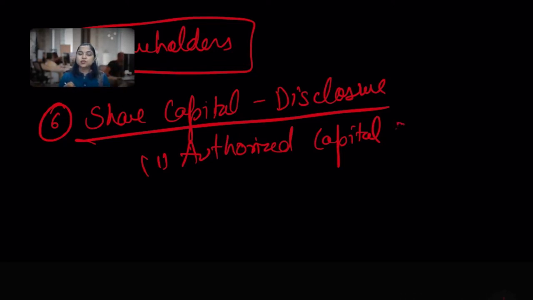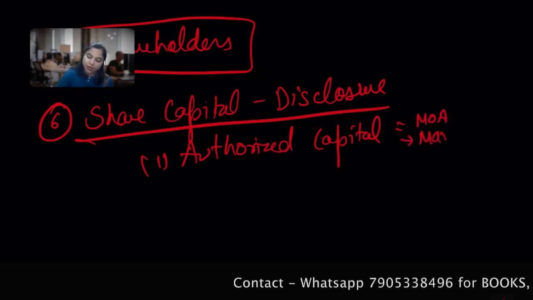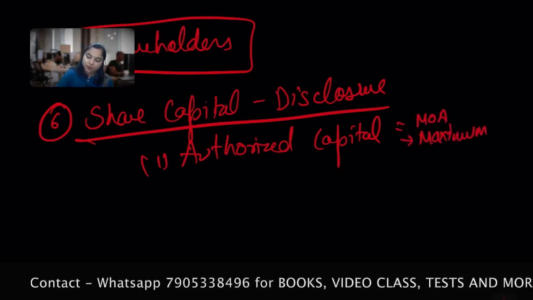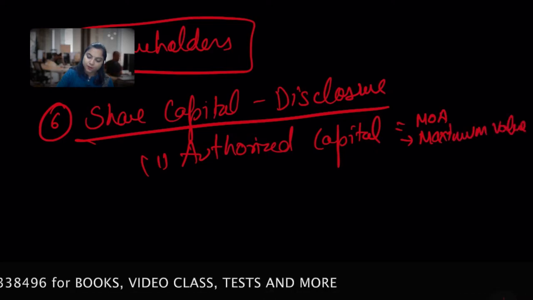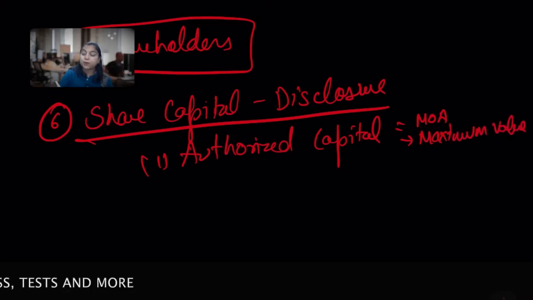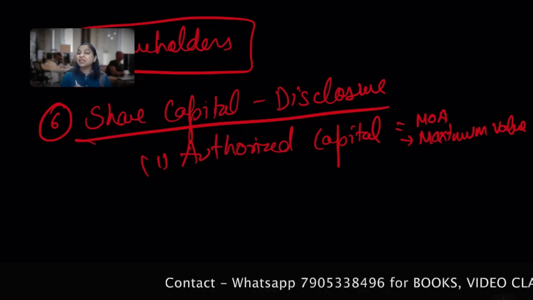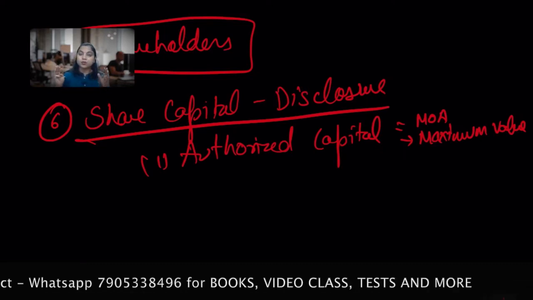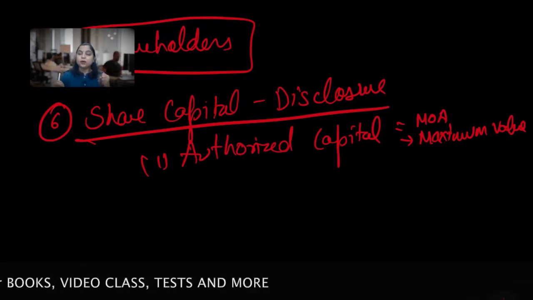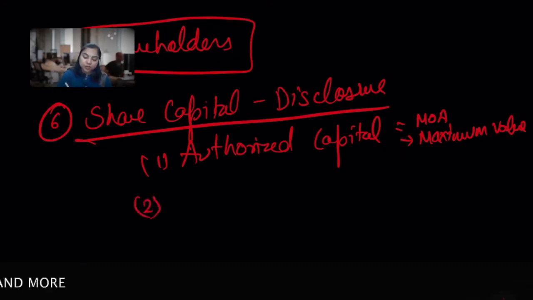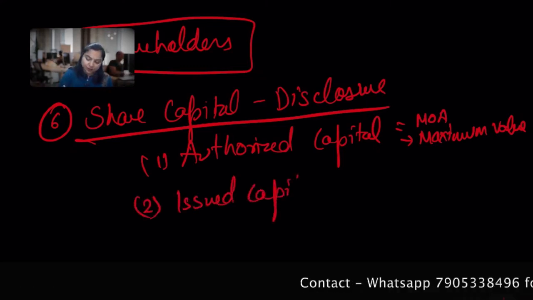This is disclosed in the memorandum of association, the MOA, and it's a maximum value. The company cannot go beyond this maximum value. I am preparing you for interviews also, so do not think it's irrelevant. I want to prepare you till the last phase of this qualification.